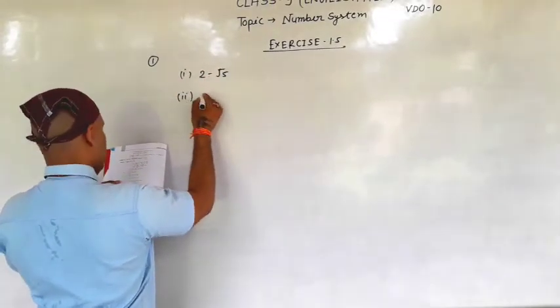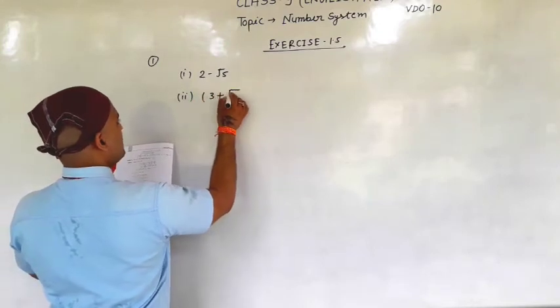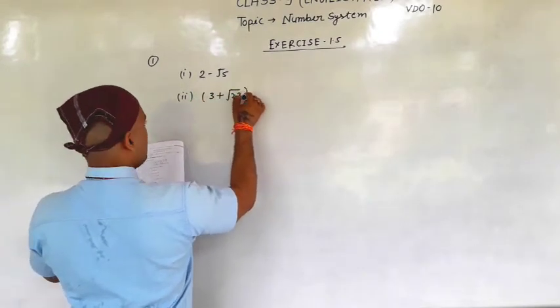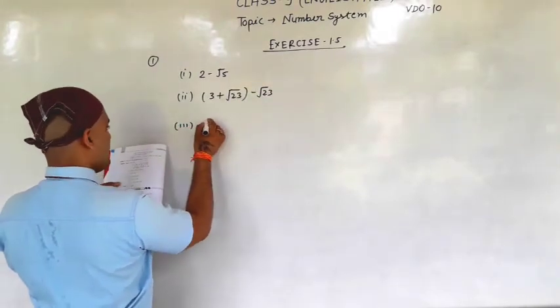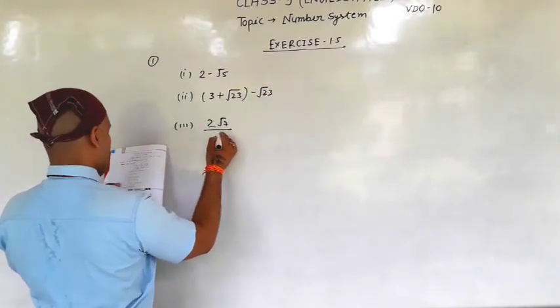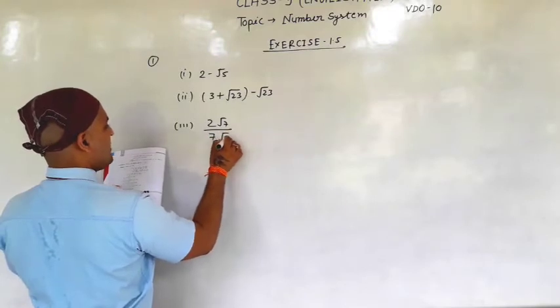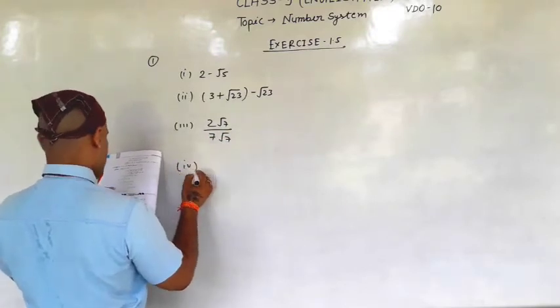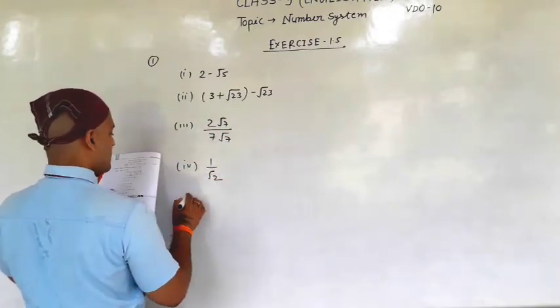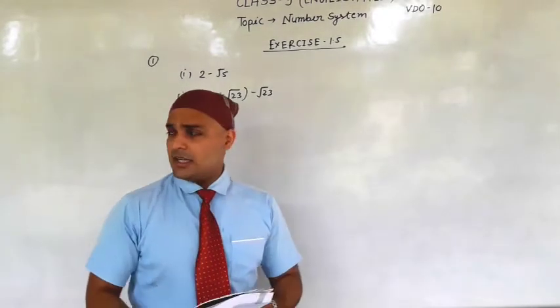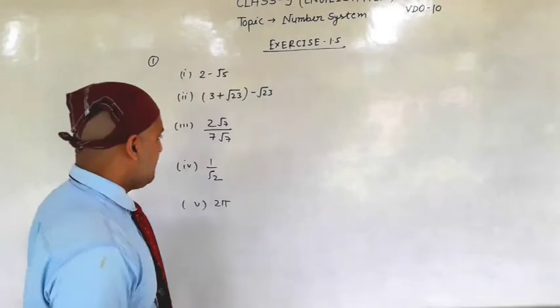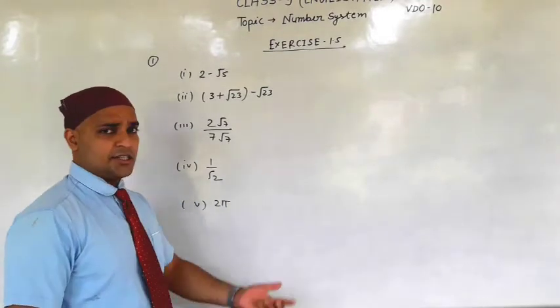The second is 3 plus root 23 minus root 23. The third is 2 root 7 upon 7 root 7. The fourth is 1 by root 2. And the last is 2 pi. Now see, you can classify which is rational and which is irrational.